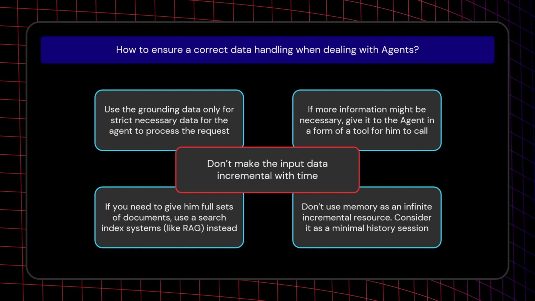So make sure that you protect the whole code so that with time and with more and more data being set in the database, you don't get stuck with the processing and the amount of information you give to the agent. So in this way, don't make the input data incremental with time.